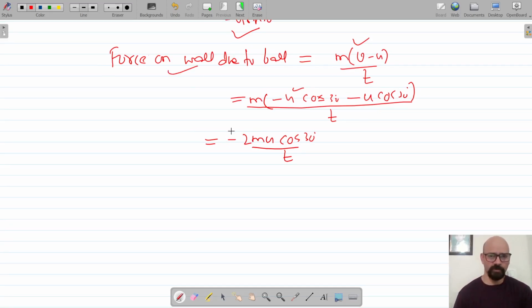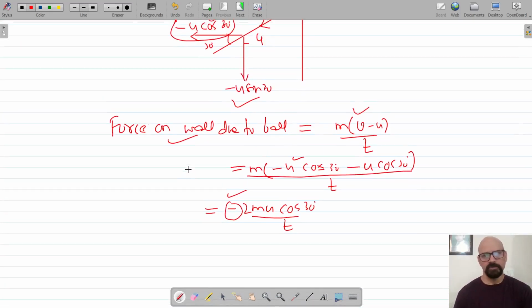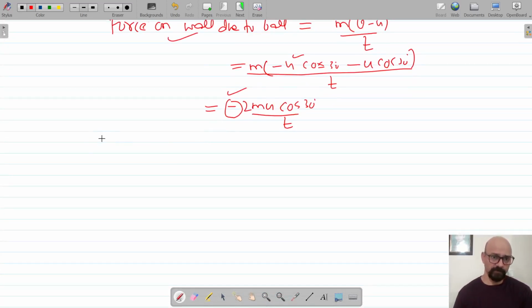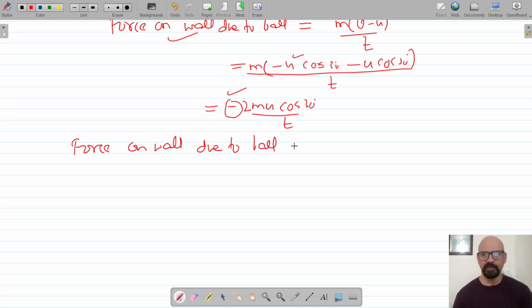Because this is the force on the wall due to the ball, which shows a negative sign, that is, this is along the negative x-axis, so that means the force on the wall due to the second ball is normally along the positive x-axis.